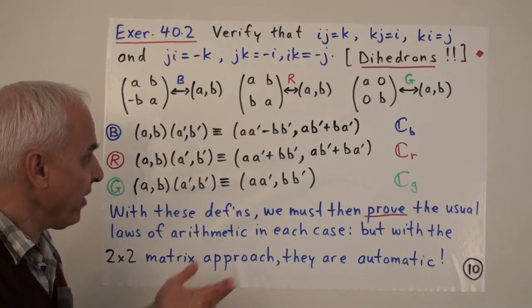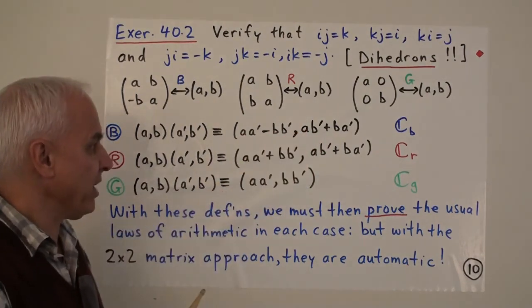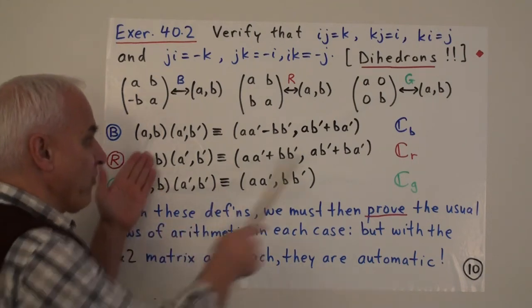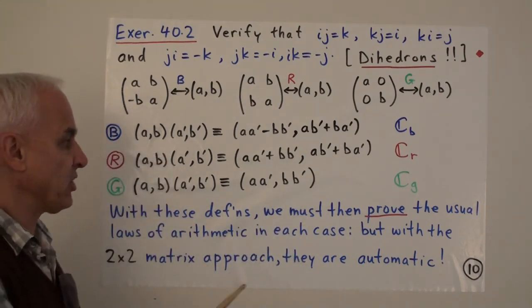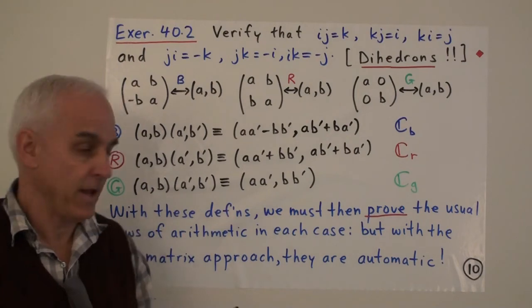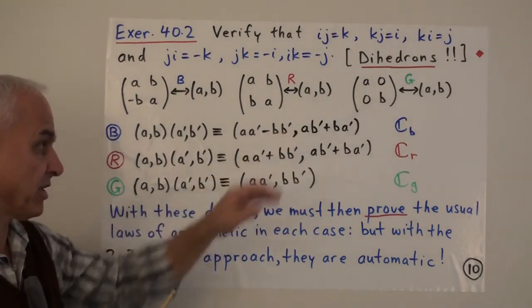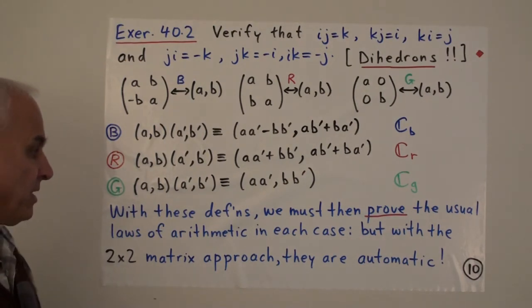It's not entirely obvious why that should be. And one can then do the same thing for the red complexions and the green complexions. It's not too hard for the green complexions because of the simple structure, but for the red complexions and the blue complexions, there's some work to be done.